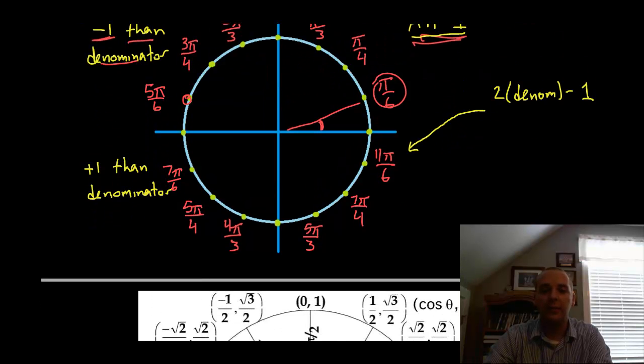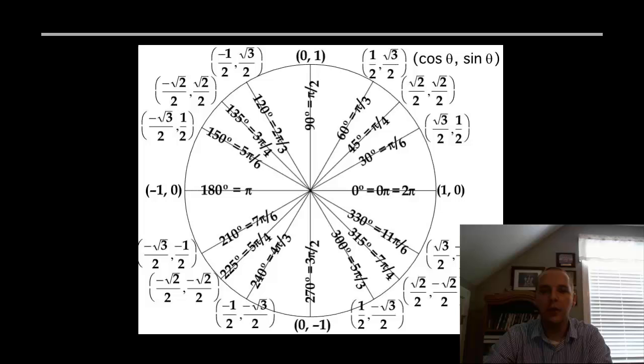So that's it. Here's a completed unit circle, and we can just check it out real quick. I'll just highlight these in red right here. You have 0 and 2 pi. You have your axes angles, pi and pi over 2 and 3 pi over 2. And then you have all the ones in the middle, pi over 6, pi over 4, pi over 3. That's numerators of 1.